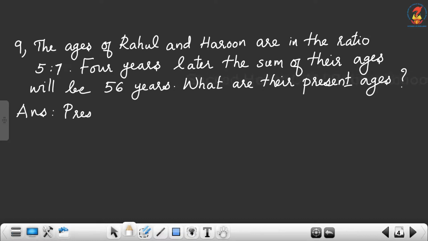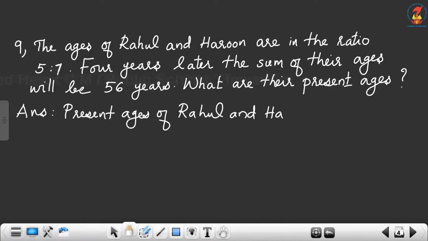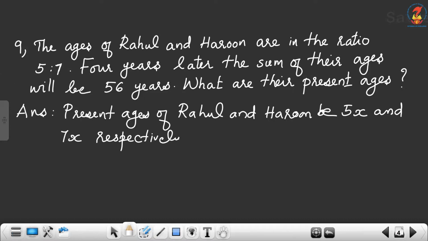Let the present ages of Rahul and Harun be 5x and 7x respectively. So you have to take it as 5x and 7x respectively.